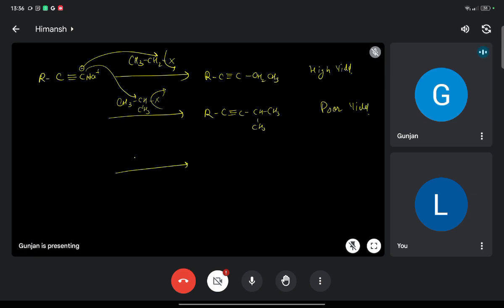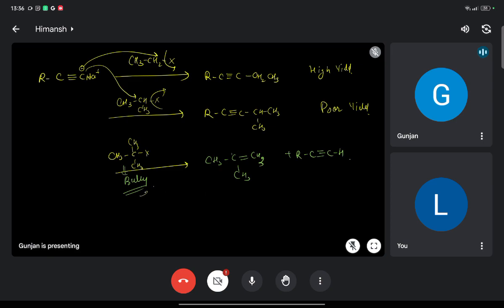But if we have a 3 degree, then no substitution will happen. Elimination product will be favored. CH3, C, double bond CH2, CH3. It will eliminate this hydrogen out from this. We will get R, C, triple bond CH. Because this group is bulky.